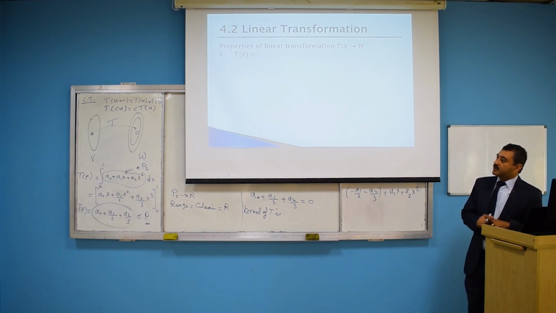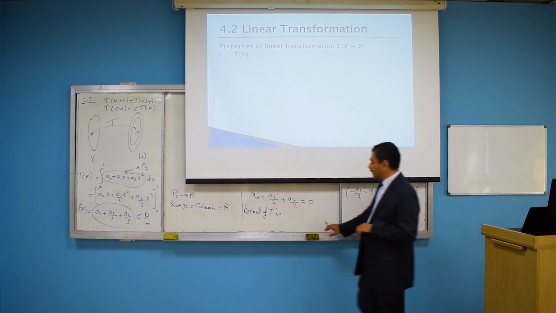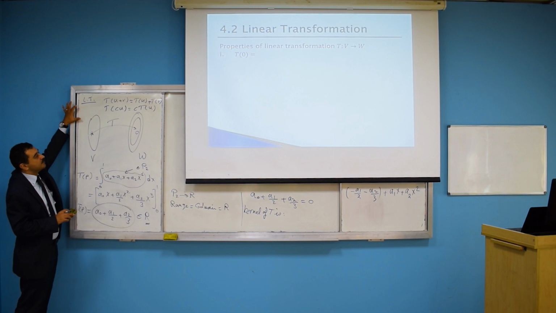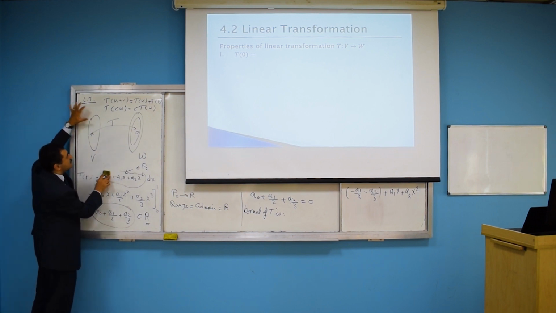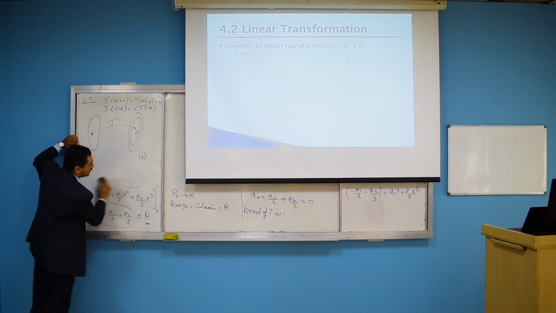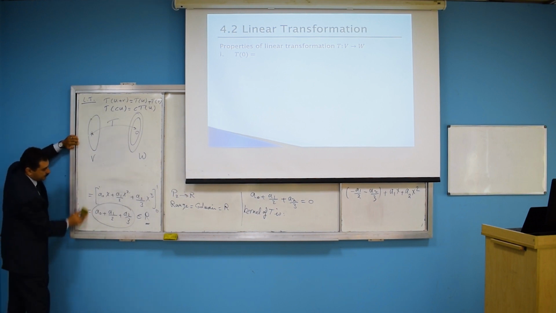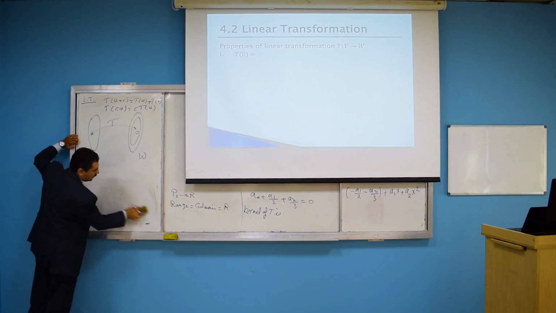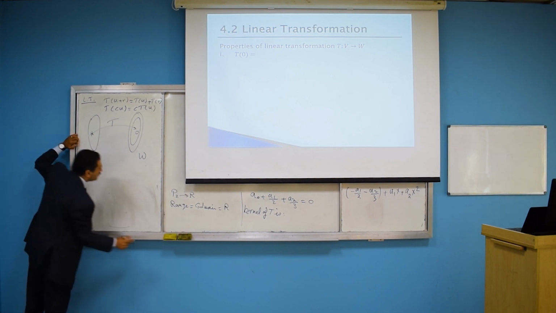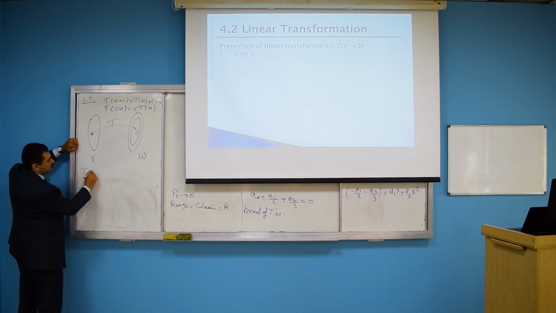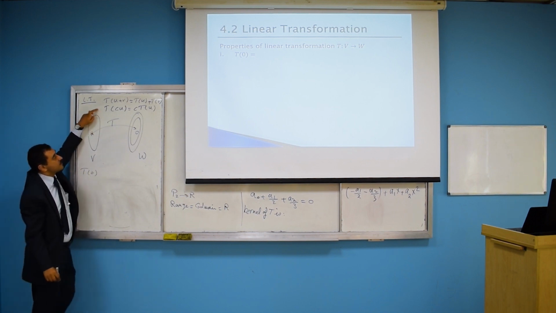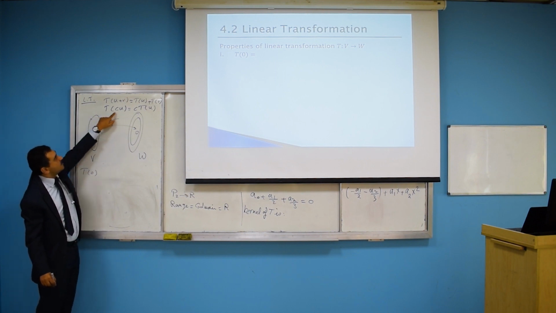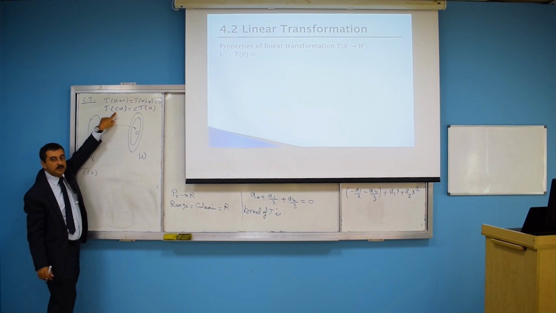Let's see some properties of the linear transformation. These are the main conditions. We will get some properties using these conditions. If you try to map the zero vector, when you have a linear transformation, you can think of the zero vector as coming from putting c equal to 0.